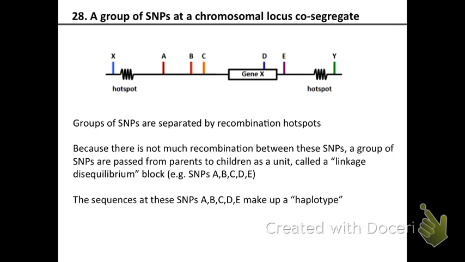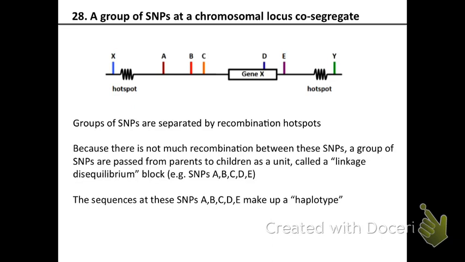So a lot of studies that compare the DNA sequences of two individuals don't sequence the whole genome. What they do is sequence certain locations only, certain SNPs at certain locations, because we know that a SNP at a location is linked to other SNPs in the neighboring location.